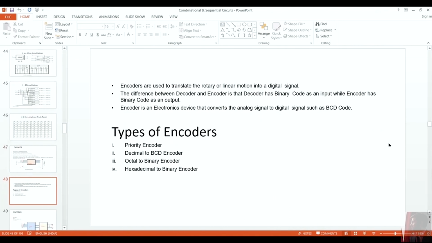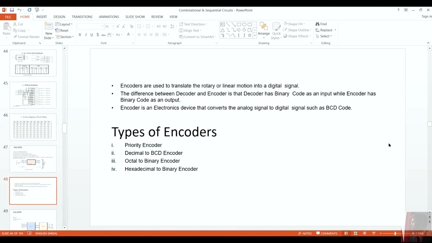You can see M inputs and N outputs, right? So we have different encoders. You will see for yourself over here. Encoders are basically used to translate linear motion into a digital signal. I'm again repeating, there is a difference between digital and discrete. Discrete is the original form of signal, whereas digital is a signal as per our convenience.